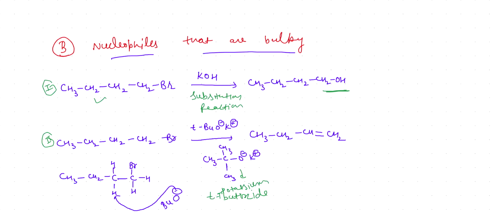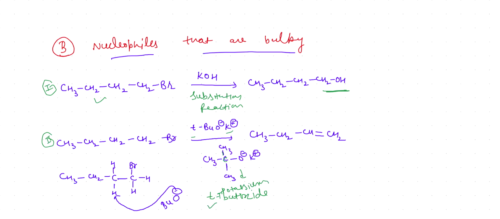See, these methyl groups are attached to this carbon, which is tertiary: 1, 2, 3. So this is tertiary butyl. Okay, so the tert-butoxide here is a nucleophile which is bulky.